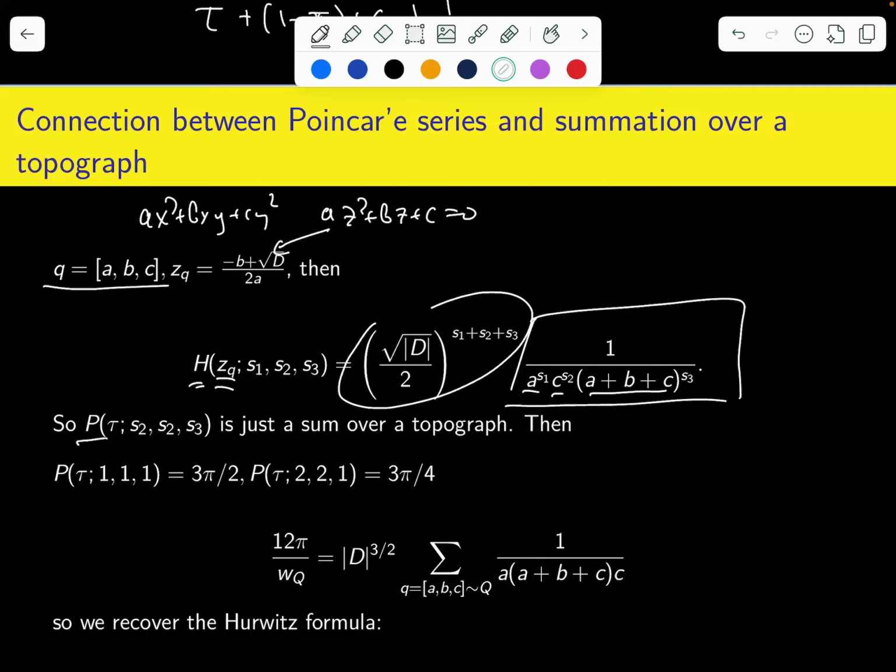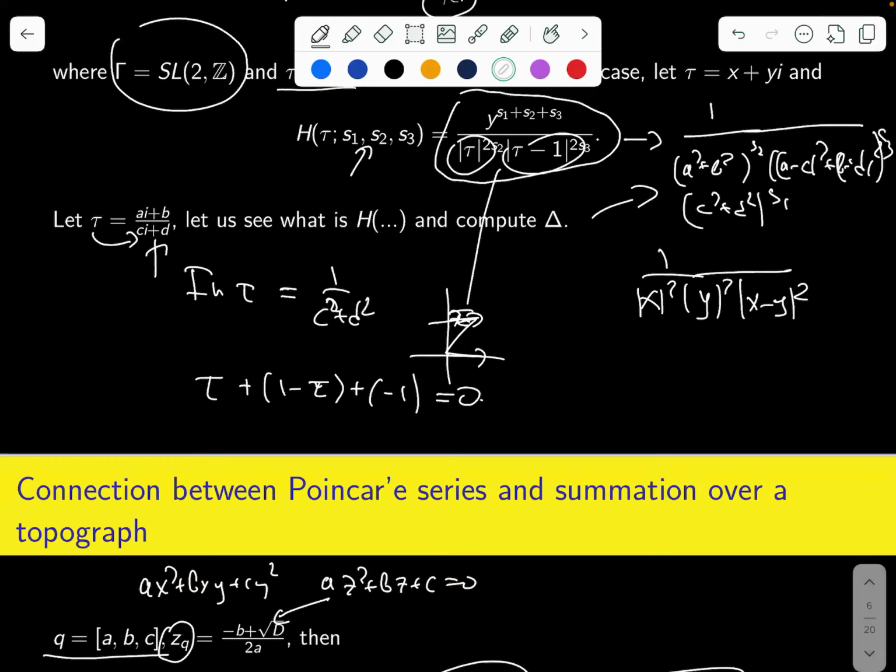P is when you apply all the SL2(Z) transformations and take a sum. So what it means, as you remember, is that applying an SL2(Z) transformation to the root of Q means passing to the root of the equivalent quadratic form. So when you compute this P(1,1,1), as I already discussed before, it's a constant, 3 pi over 2, because it's more or less the same as C(1,1,1) minus this E3, because I don't allow collinear vectors.